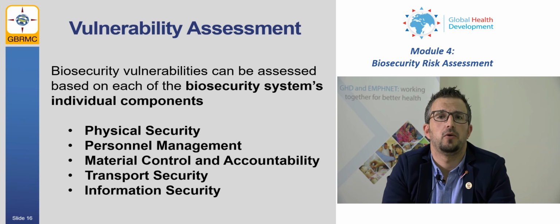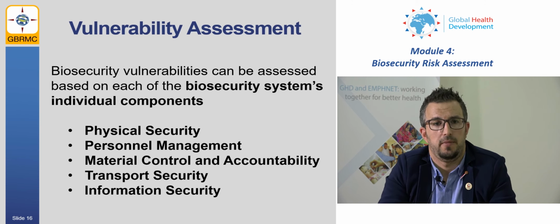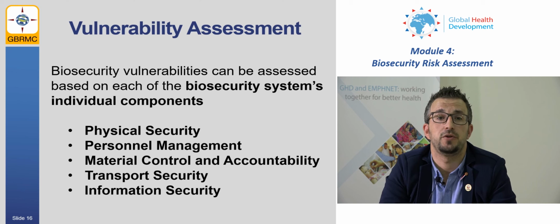When we talk about personnel management, we talk about the security background check before hiring them, and we should determine who will get access control, for how long, and when they will update this access control. And for material control and accountability, we will talk about the inventory system, when we will update this inventory system, and who gets access to this information.